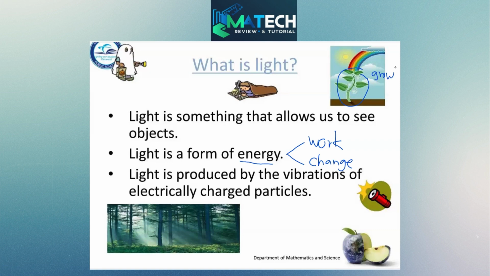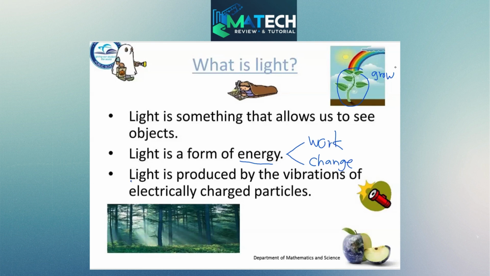So it's growing, it means it's work, and there is a change for the plants. And imagine if there's no sunlight, of course, the plants will die. So that's the impact of having light, not only for the plants, but also for humans.